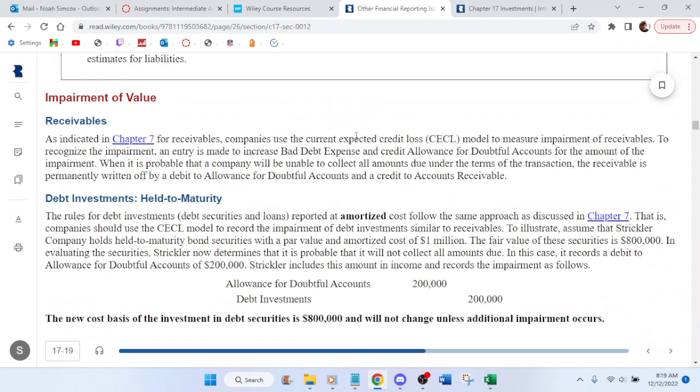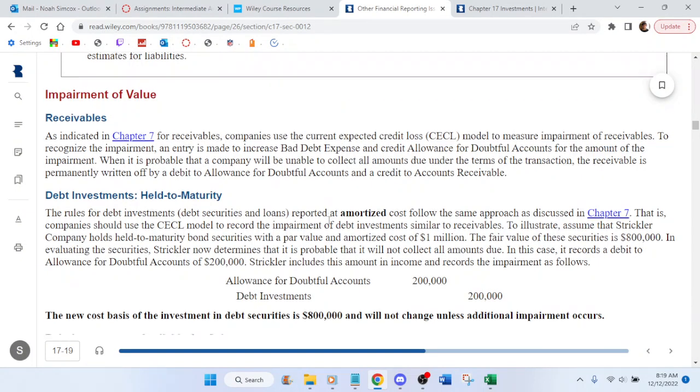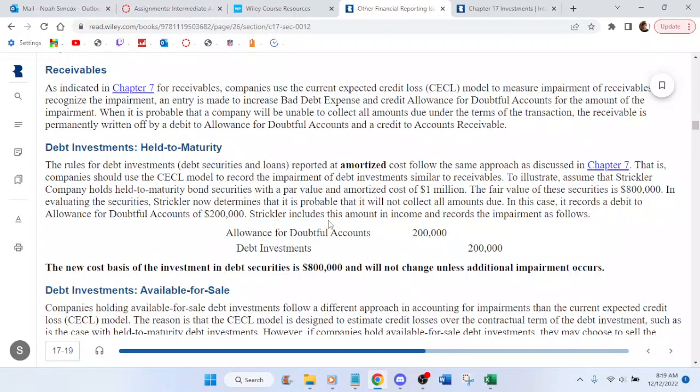Decrease debt investments by $200,000, and the debit is going to be allowance for doubtful accounts. Says new cost basis of the investment in debt securities is $800,000. This is very weird because does that mean you're not going to amortize it anymore?